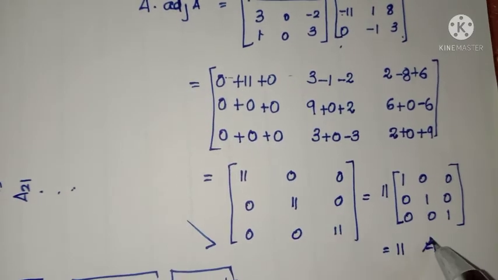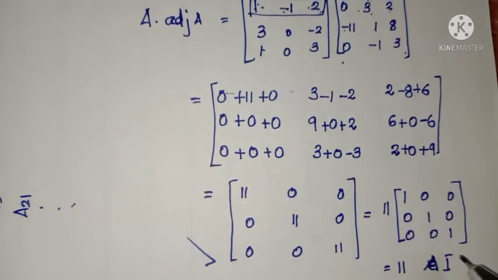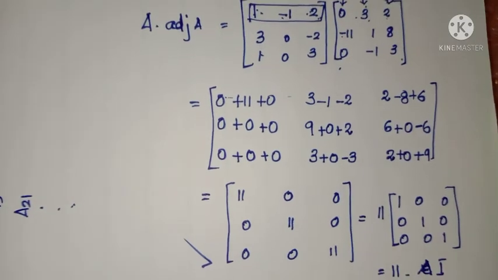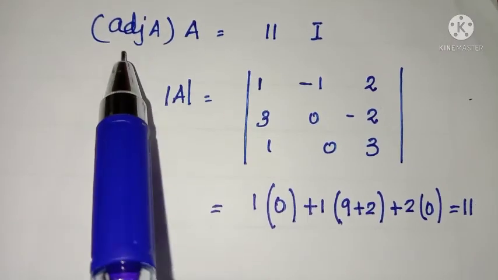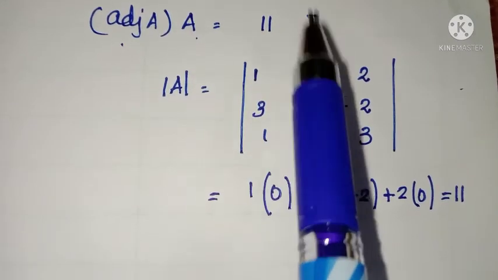Okay, 11 into I. So A into adjoint A is equal to 11 into I. Similarly, we can see that adjoint A into A is also 11 into I.